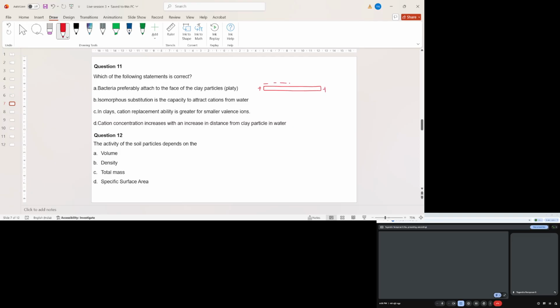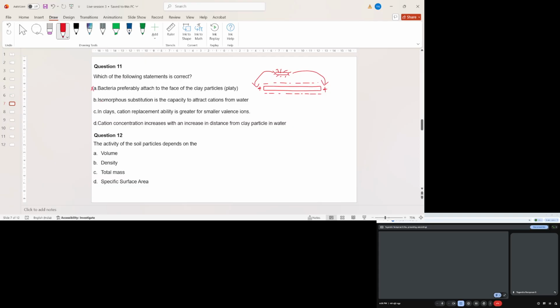This is an ideal structure of clay: negative charge at the faces and positive charge at the edges. So bacteria are negatively charged organisms, the net charge tends to be negative. So they don't get attracted at the face, they get attracted to the edge. So this statement is false.